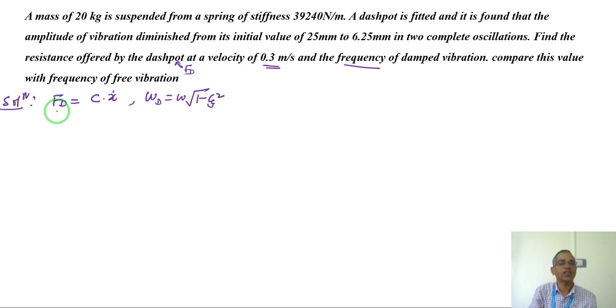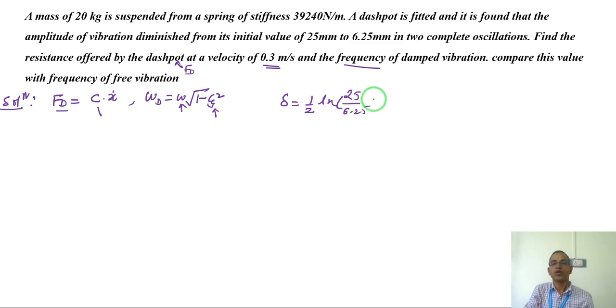So before finding the resistance offered by the dash pot FD, I need to get the C, I need to get the xi and then omega. Very simple. Now what we get, since 2 amplitudes are given, 25 and 6.25 in 2 complete oscillations, the logarithmic decrement delta is 1 by 2 cycles, ln of 25 by 6.25.